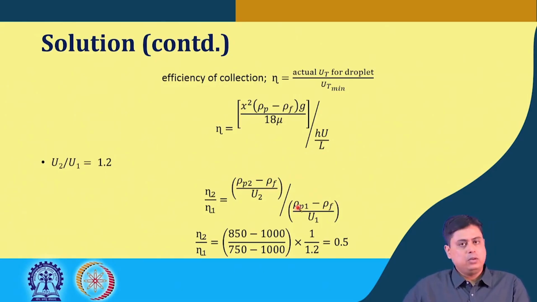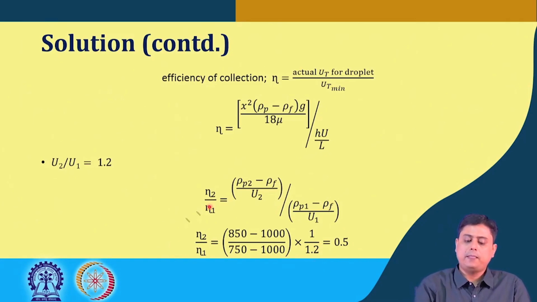If we now replace the numerics, it is 850, this is 750, and then we have this rho f, the fluid density, which is water, in this case 1000 kg per meter cube, and u2 by u1 is 1.2.